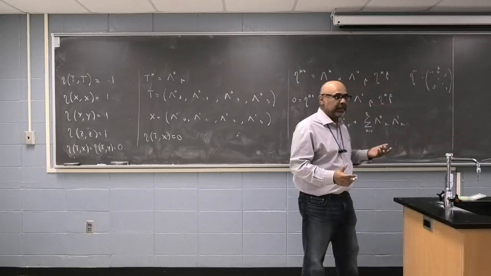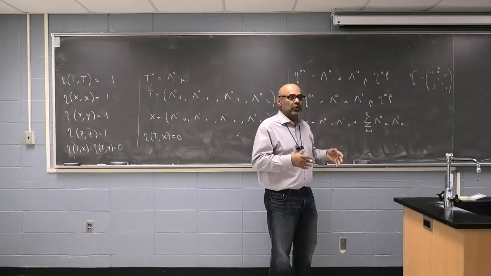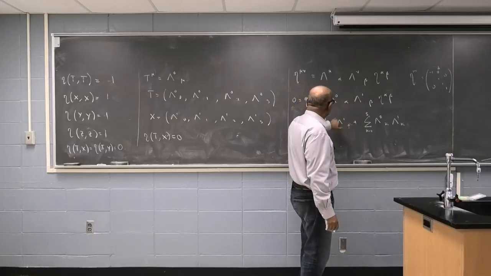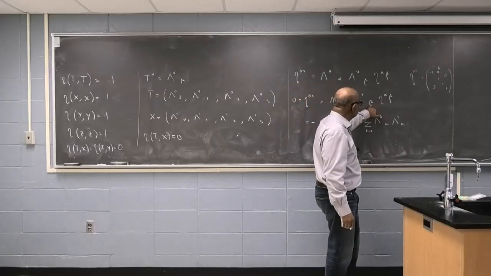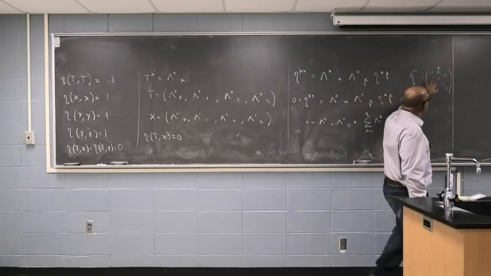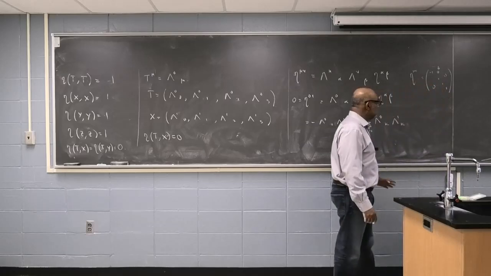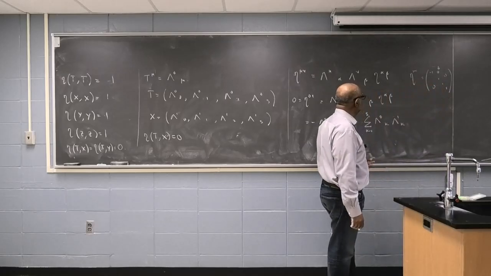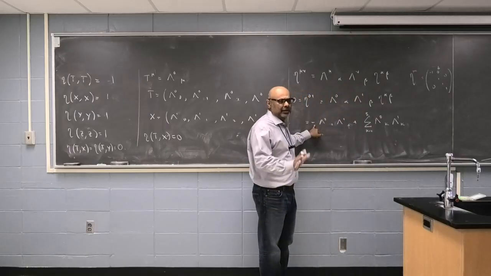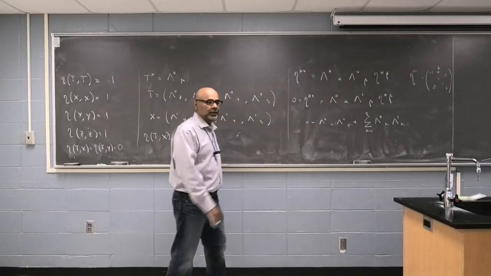Since it's diagonal, the only choices are 0, 0, 1, 1, 2, 2, 3, 3. When I pick alpha 0, beta 0, I get eta of 0, 0, which is minus 1. That's what keeps time negative, but we haven't talked about how to deal with time.